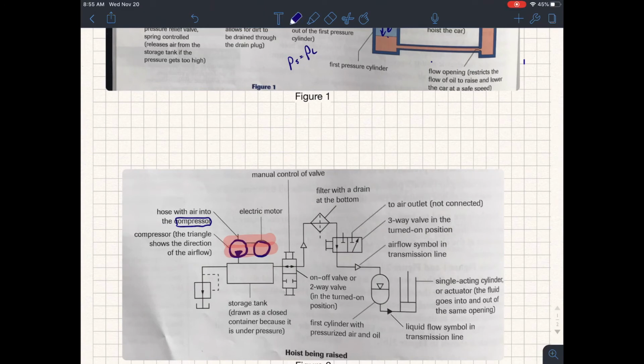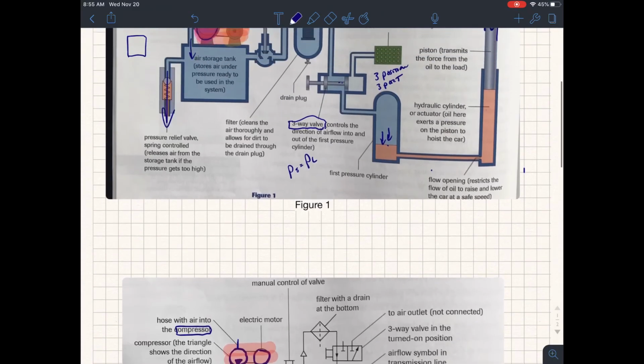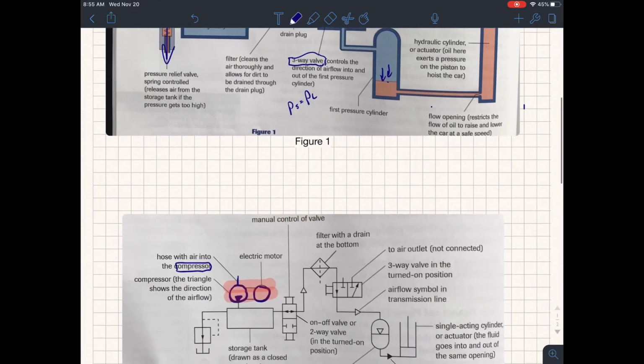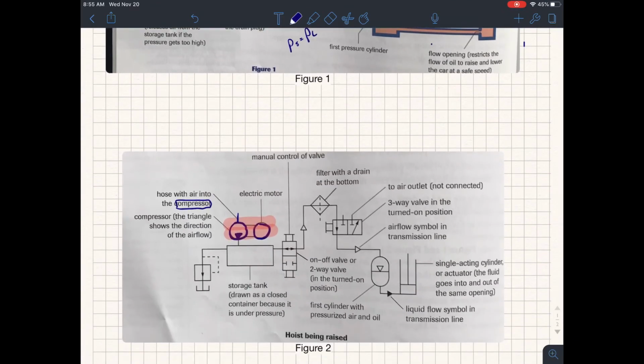Now, we're not going to get too fancy. These schematics don't get too fancy with inputs. So there's just a line that represents some kind of input, and that is the air intake filter. That air then has a transmission line, represented by a line, to a compressed storage tank, and that is indicated by a squared-off containment box.